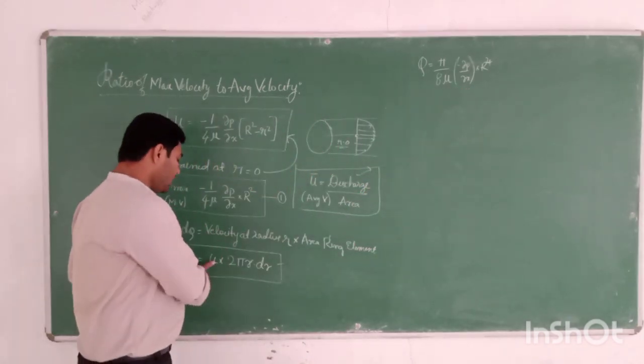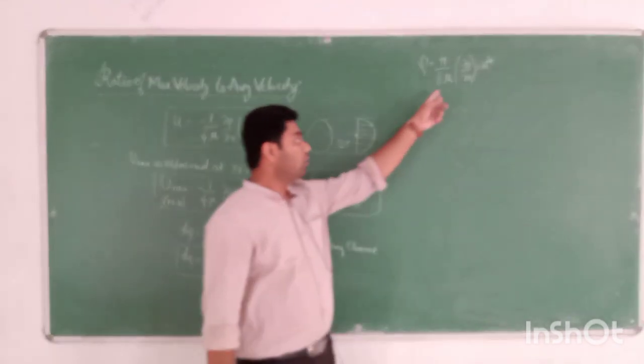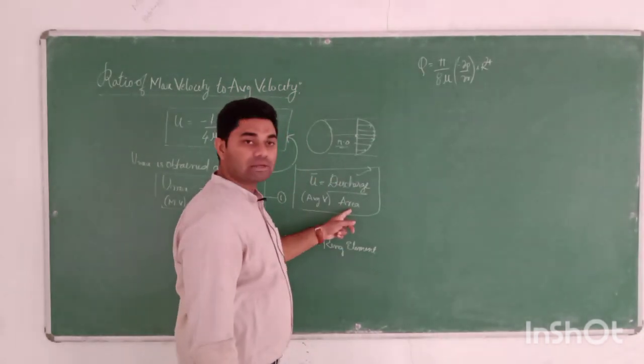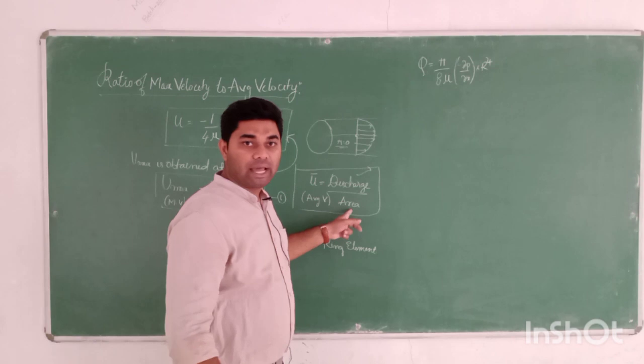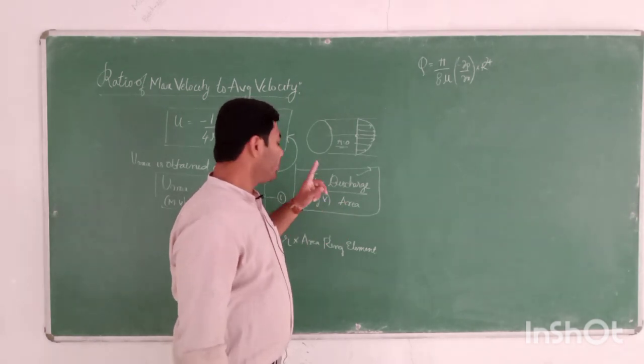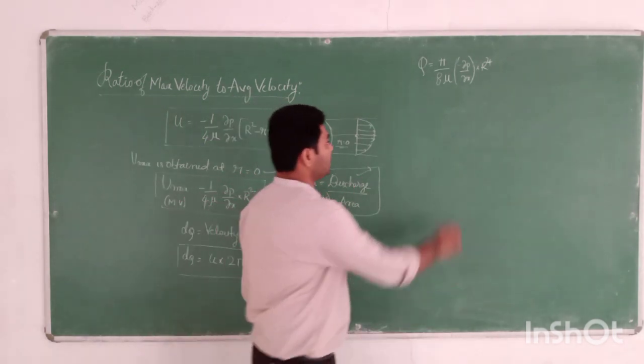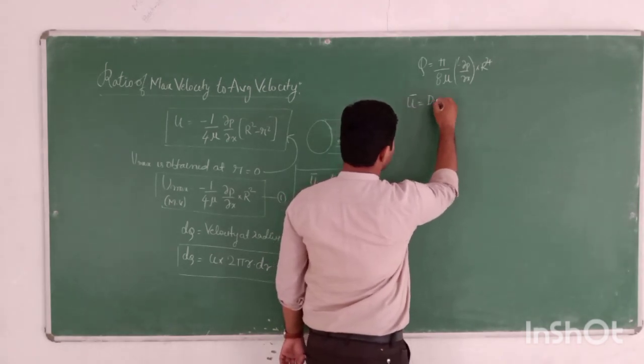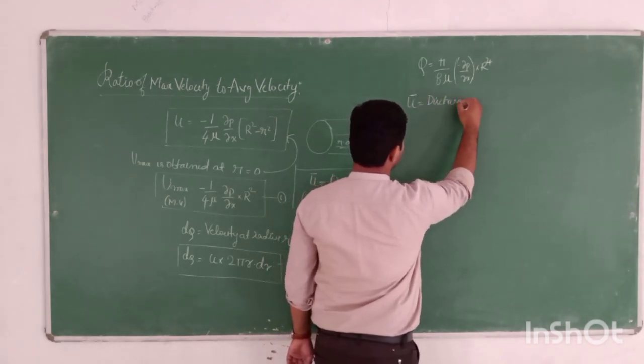Here we have considered the elemental ring. So now the total discharge we have got, and we have the area. Area of circular pipe is nothing but pi r squared. So now what we need to find out is the average velocity. Average velocity u bar is nothing but discharge by area.